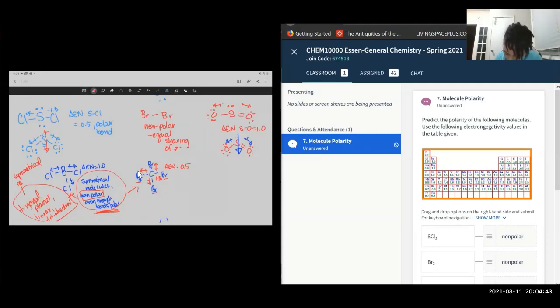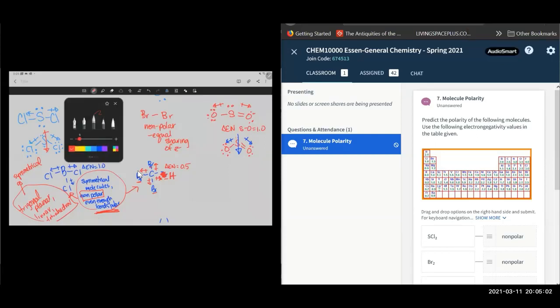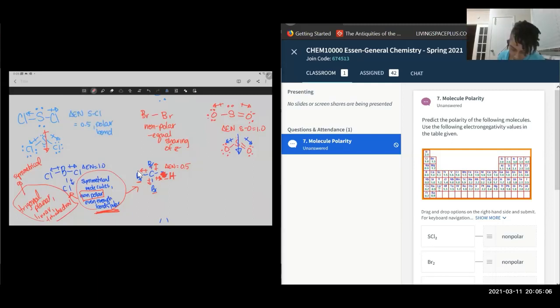Because let's say I got rid of one of these bromines here and I put a hydrogen now, even though I have a tetrahedral shape, now that over here I've got a hydrogen and not a bromine, that would make the molecule asymmetrical, right?